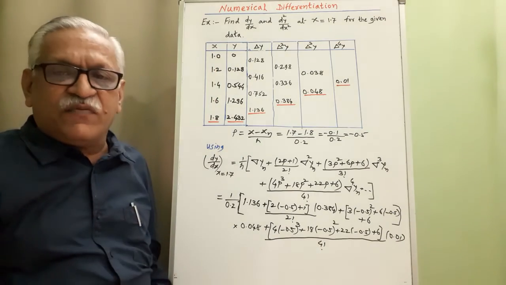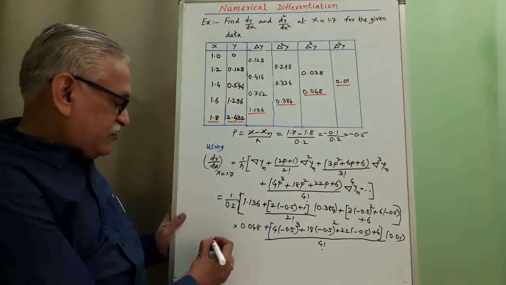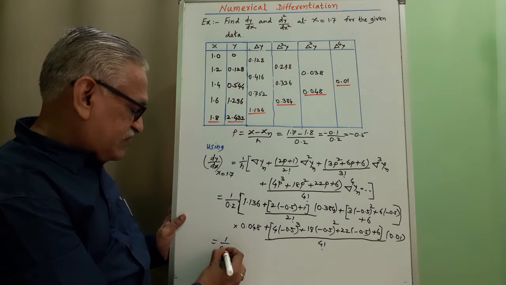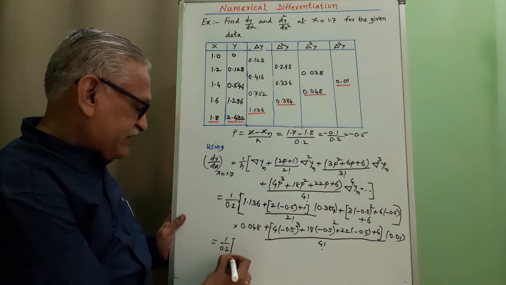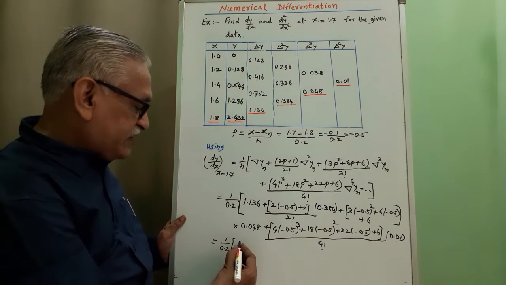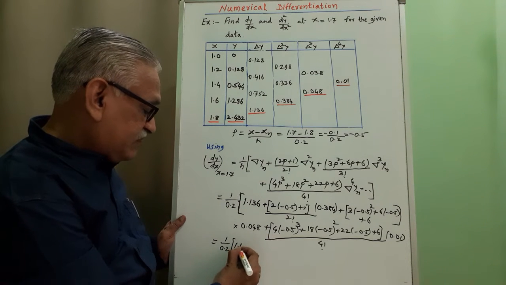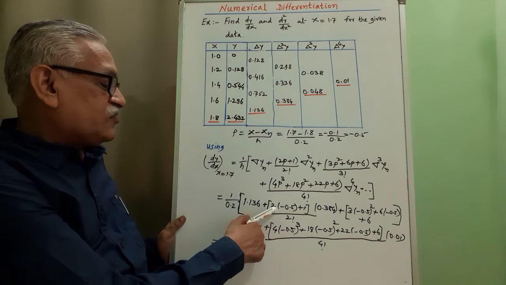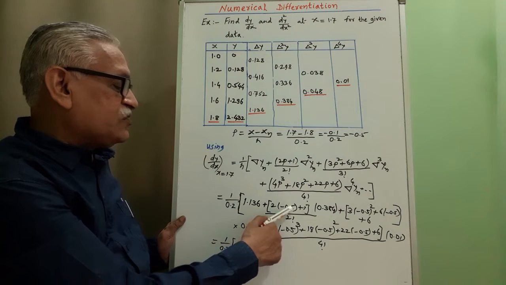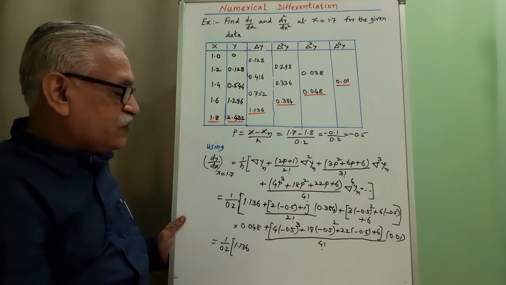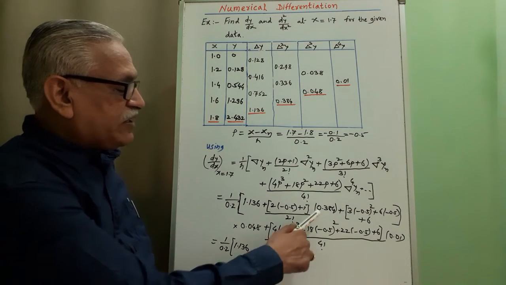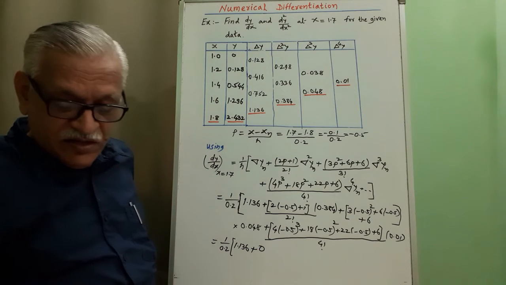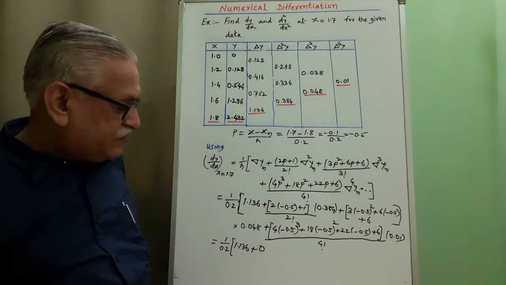And the next step is the simplification of this. With the help of a calculator, we get the values. The first is 1.136, I will keep as it is. Then 1 minus 2 into 0.5 divided by 2 factorial and multiplied by 0.384; that value is coming as 0.